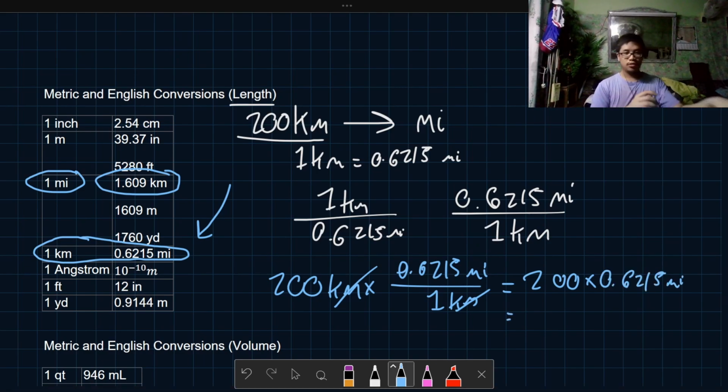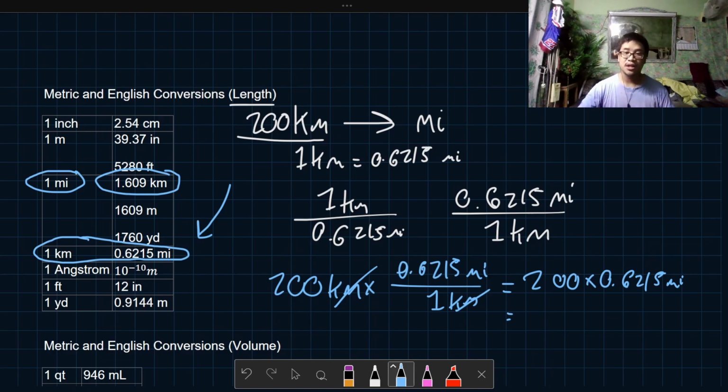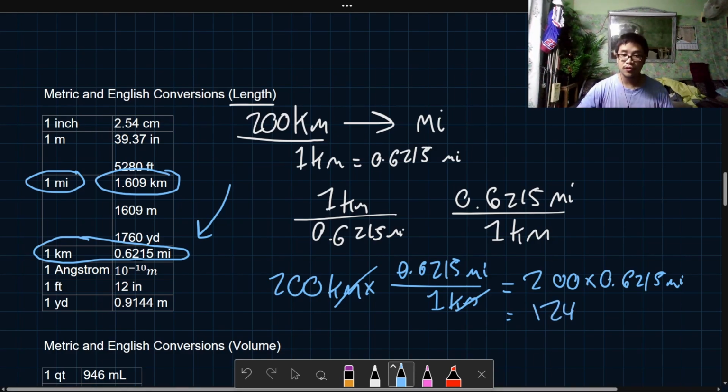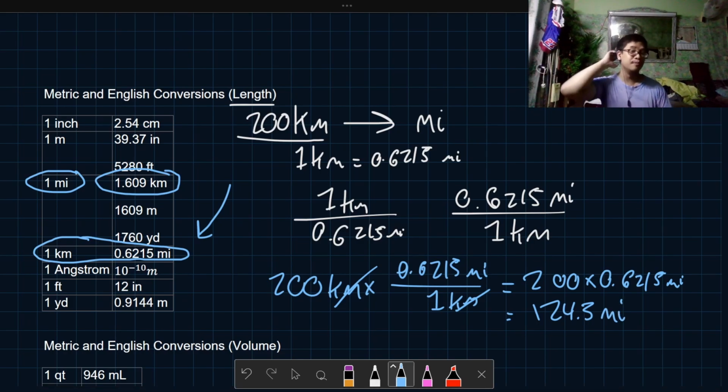With the use of a calculator, you will have exactly 124.3 miles. So it's basically the same answer as before. It is 124.3 miles.